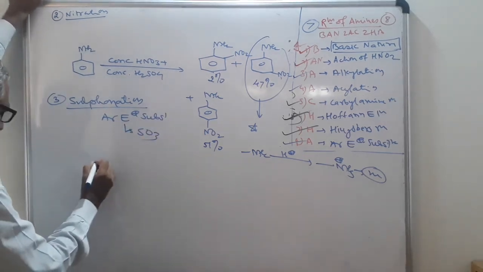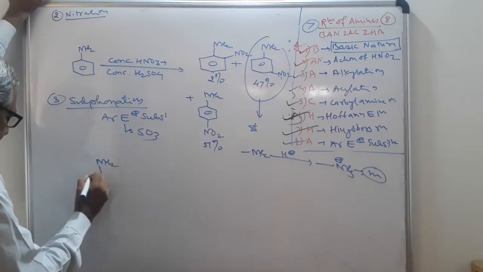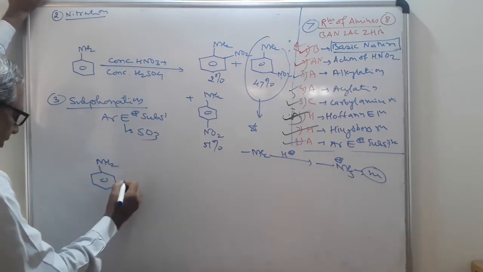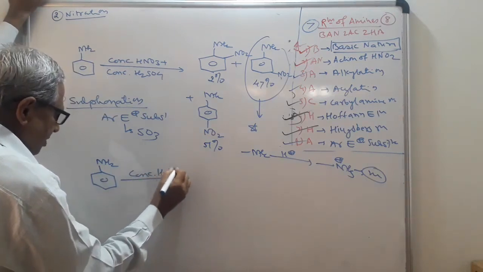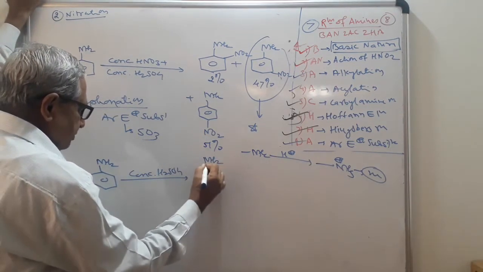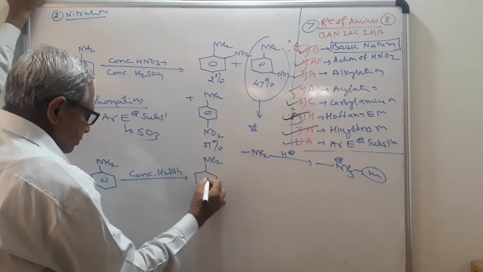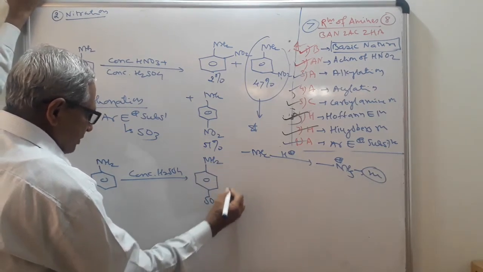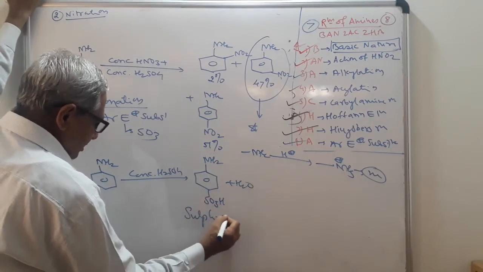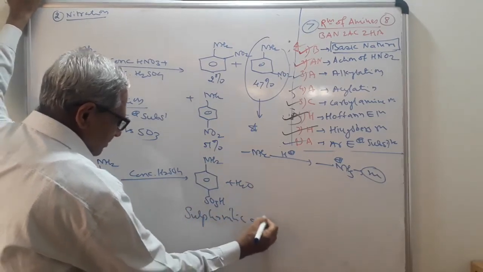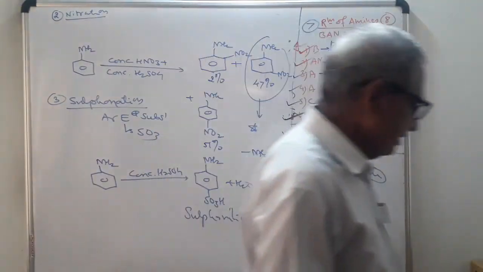Now see the reaction here, NH2 benzene ring. When you do the reaction with concentrated H2SO4, you will get here NH2 benzene ring, SO3H, byproduct will be H2O, and this is known as sulfanilic acid.